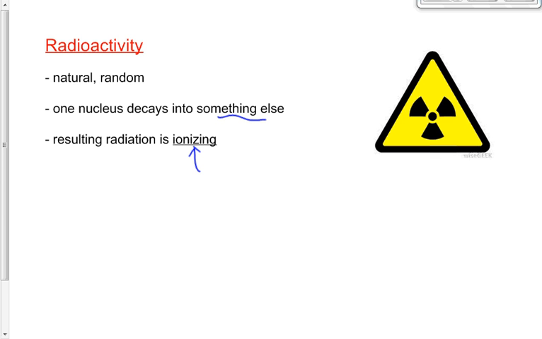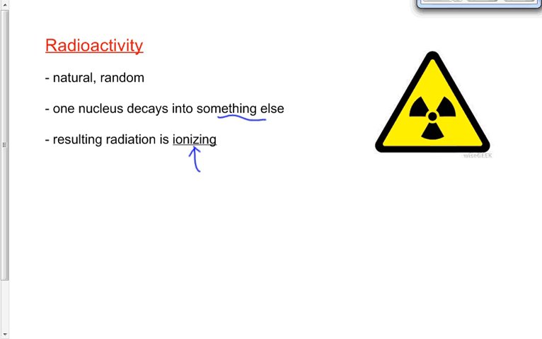What does ionizing mean? Let me ask another one first. What's an ion? If you've taken chemistry, you definitely know the answer to this. What's an ion? Okay, John. It's an atom that's gained or lost an electron. It's become a charged atom, basically, right? An ion is a charged atom, positive or negative.